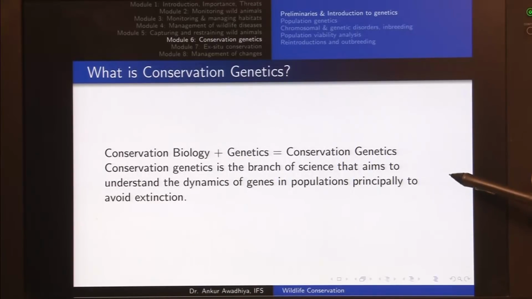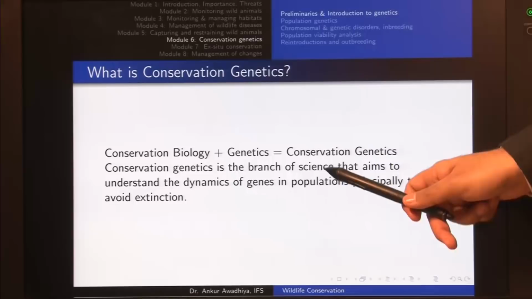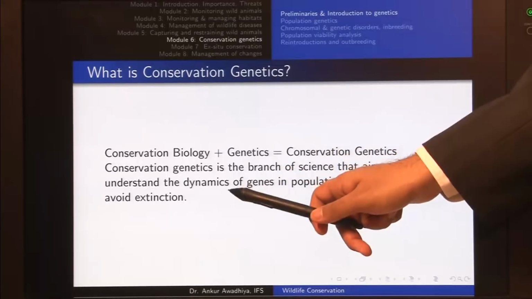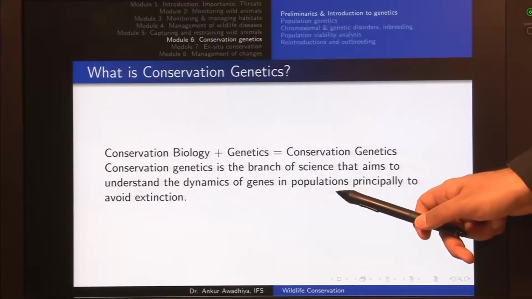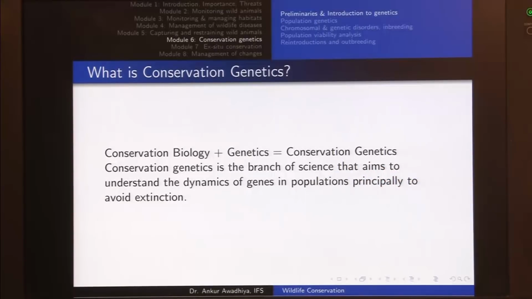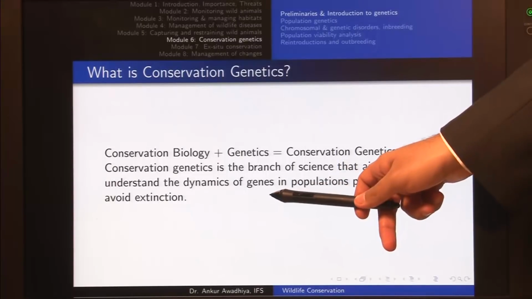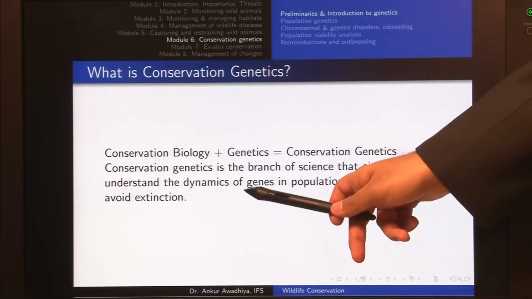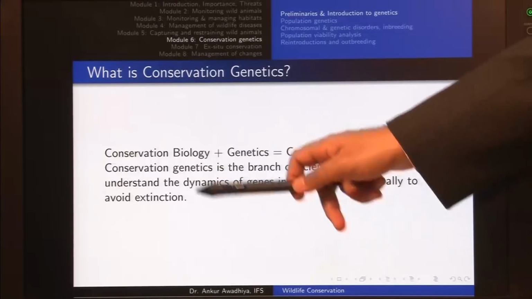We need to look at this definition in more detail. It is a branch of science that aims to understand the dynamics of genes in populations. So essentially we are concerned with populations of animals. Now a population is the group of animals of the same species that are living together. They will have genes inside them, we will come to genes in a short while, and these genes function in dynamic ways.